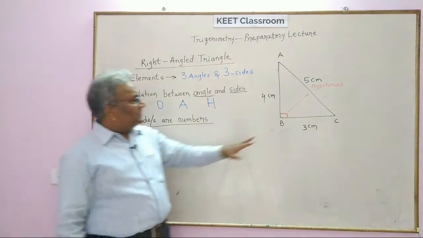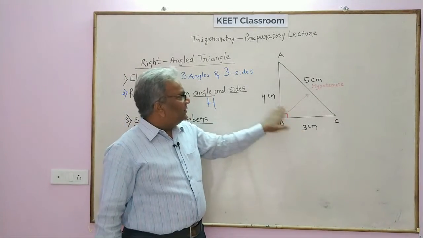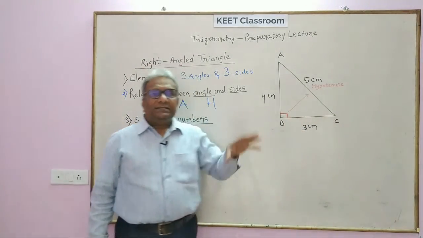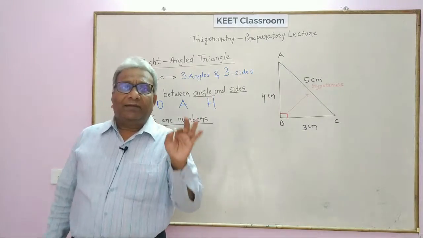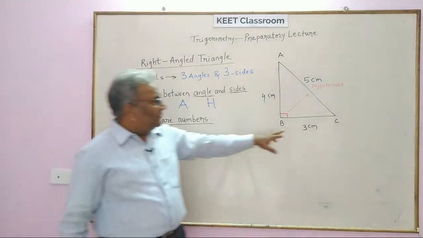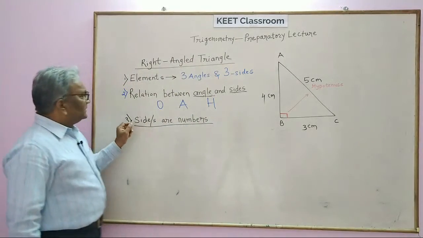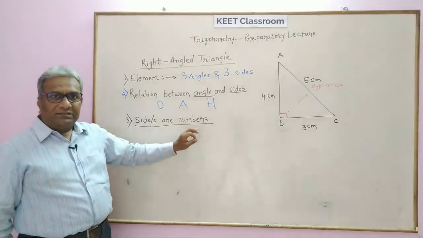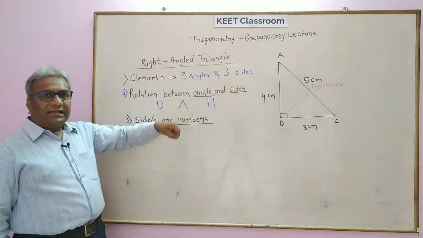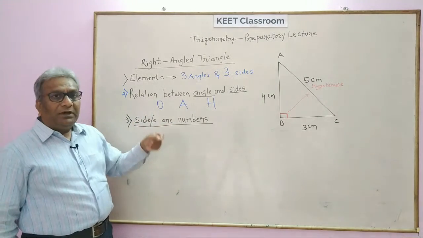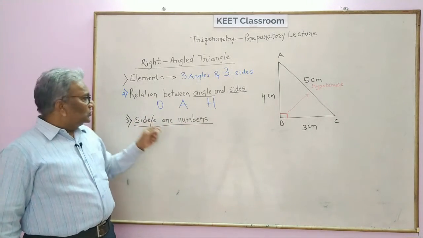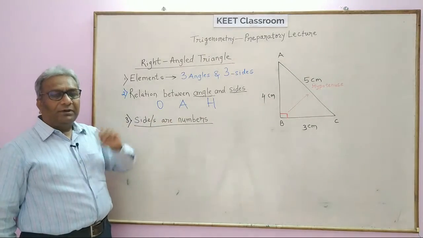So in this, if the sides are 3, 4 and 5, these sides will have certain numbers followed by certain units. So here we say that the sides are numbers. That means whenever there is a side, it will have a number with it. So we say sides are numbers.